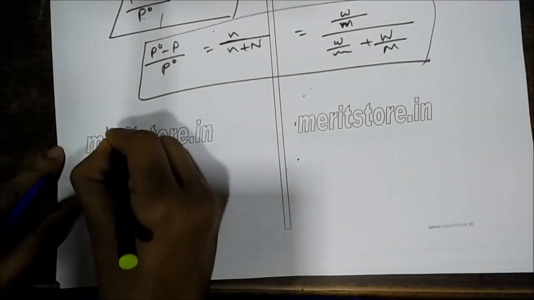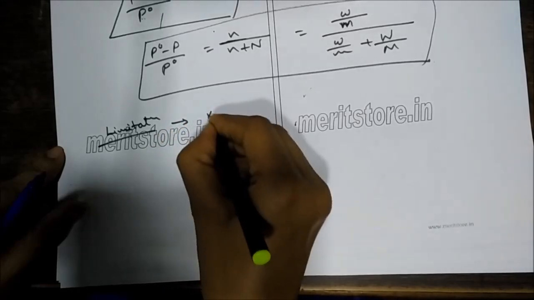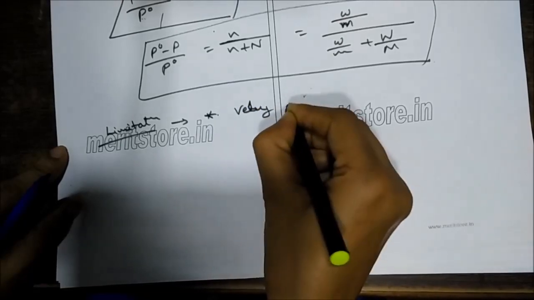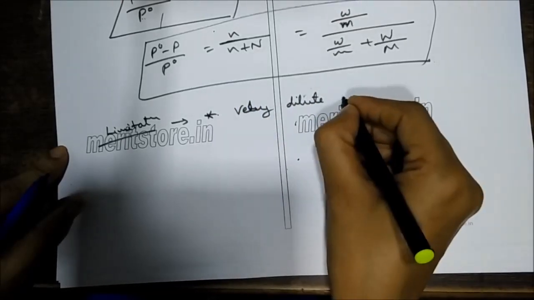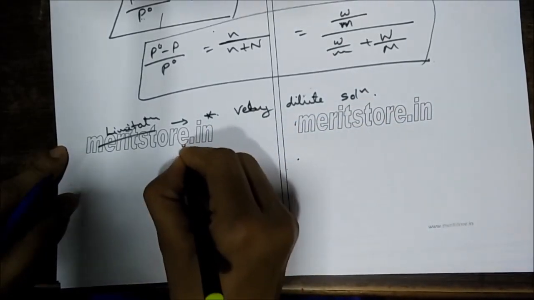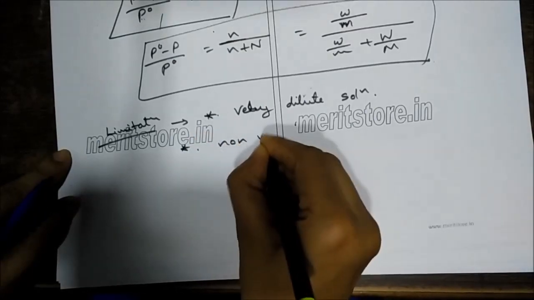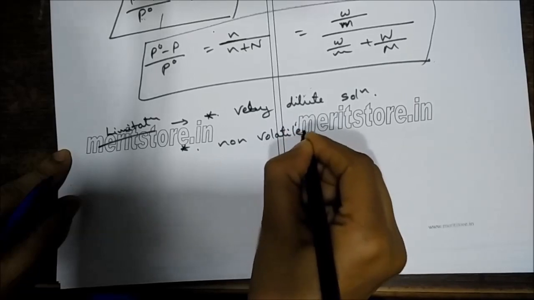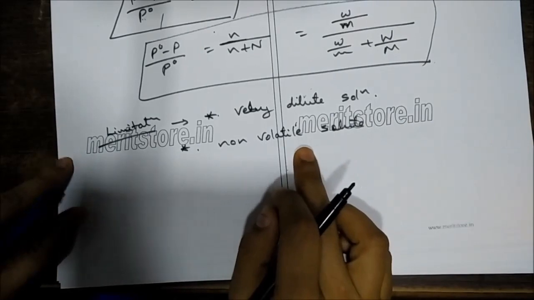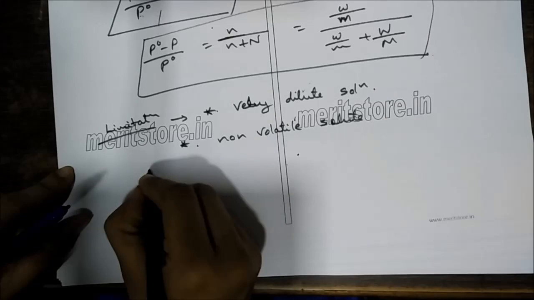Now the limitations of this law. This law is applicable only for very dilute solutions. If the solution is not dilute, then this law will not apply. The next is that it is only for solutions containing non-volatile solutes. If the solute is volatile, then this law will not apply to those solutions.